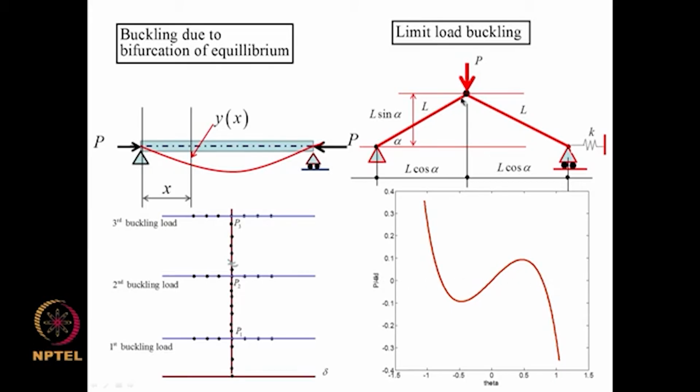As we go on increasing this, the load and the displacement increase simultaneously, and they reach a critical value here at which the structure loses stability and moves to a far away equilibrium position. So, this type of behavior is known as limit load buckling. That means, when the structure loses stability, the equilibrium position is far away from the position at which it lost its stability. Whereas here, when P approaches P critical, a neighboring equilibrium position becomes possible.